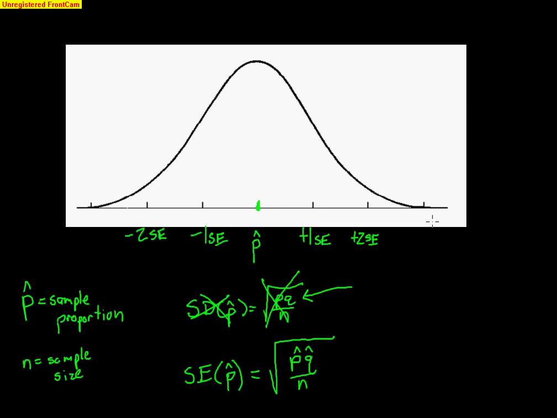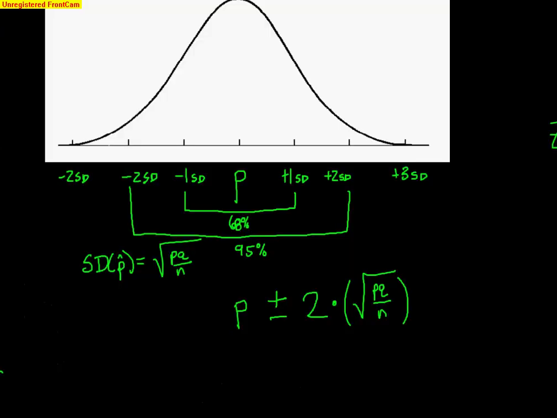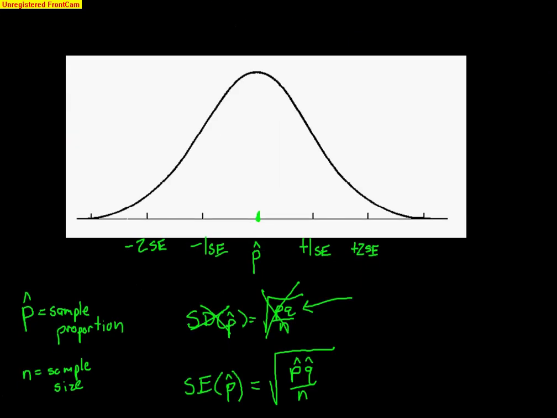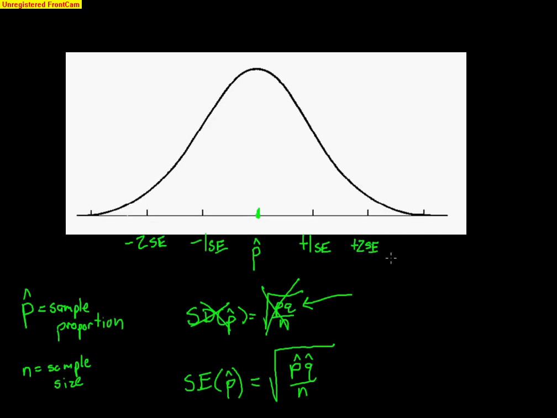Go back to the sampling distribution: 95% of samples are going to be within 2 standard deviations of the truth. So if I think of this the opposite way, the true p has got to be probably within 2 standard deviations of my sample. So that's how we build a confidence interval.